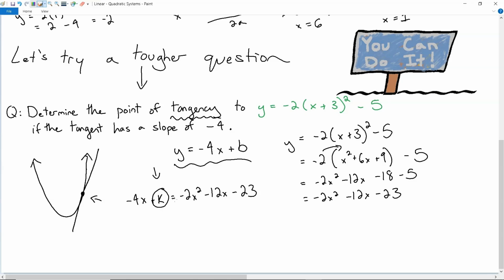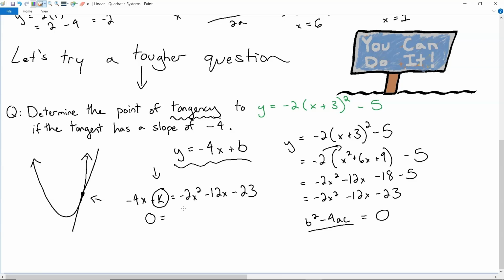Well, we can think back on using the discriminant. Because we know that there's only one point of intersection, therefore, the discriminant of our new quadratic has to equal 0.